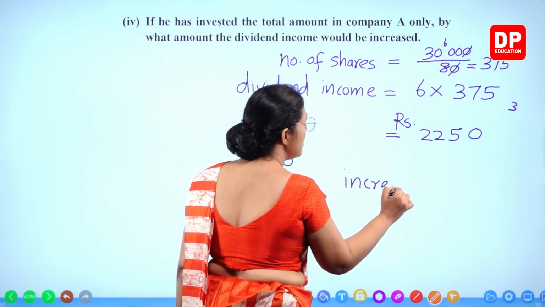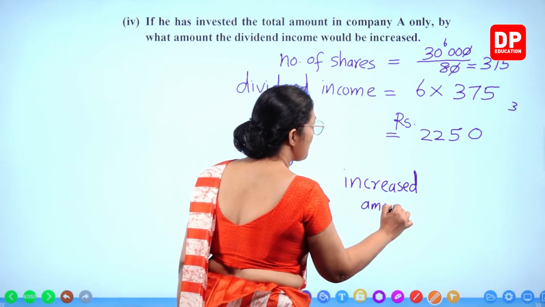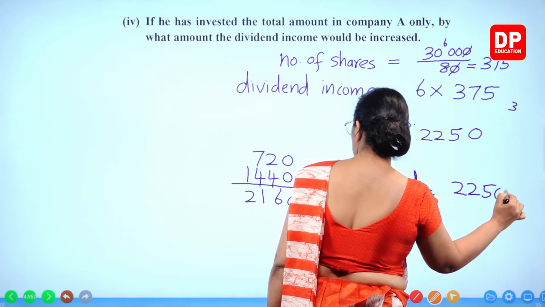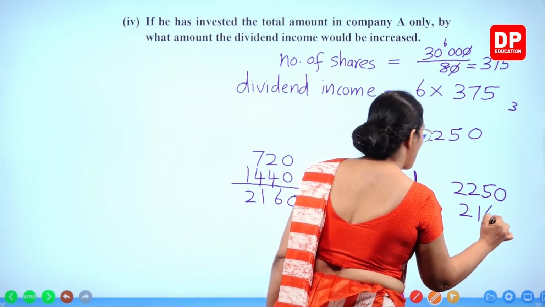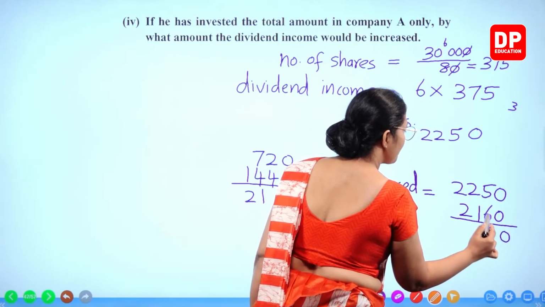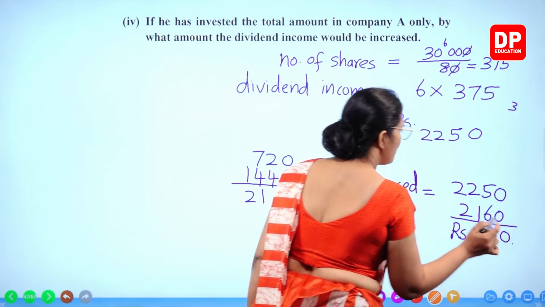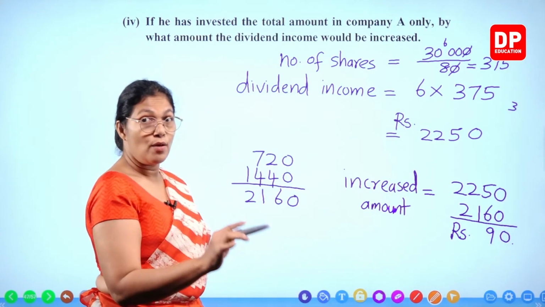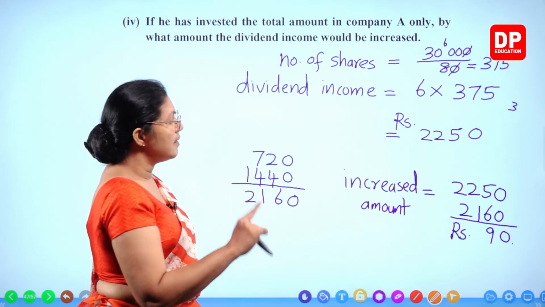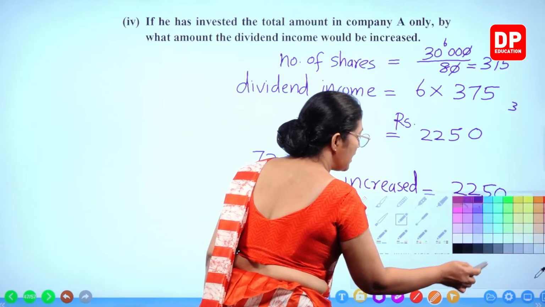So what is the increased amount? You have to take the difference. The increased amount is 2,250 minus 2,160, which is 90 rupees. So if he invested the whole amount in company A, he will get 90 rupees more as dividend income.